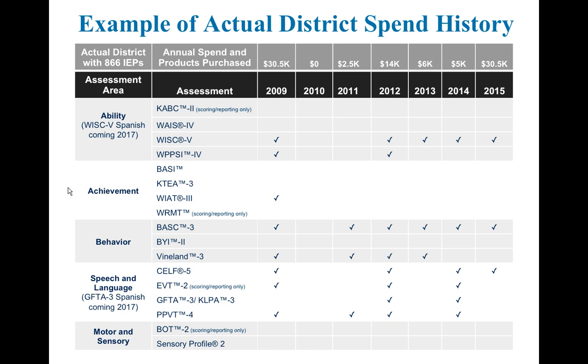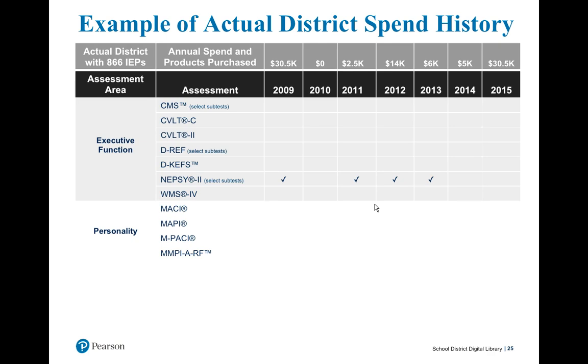They're using something that wouldn't be from within Pearson. But they are using our speech and language tests as well as the BASC and Vineland. So here it's really just a general profile of what a customer's spend would look like. And here it continues into a little bit in the executive functioning arena.